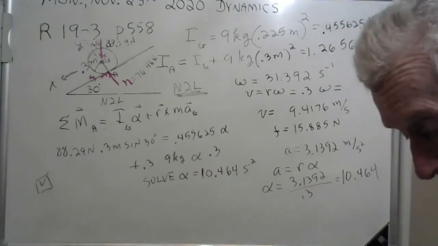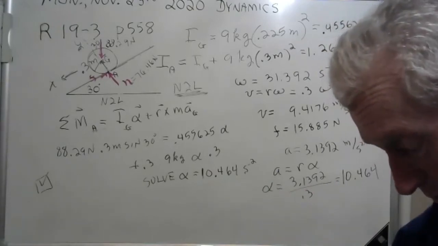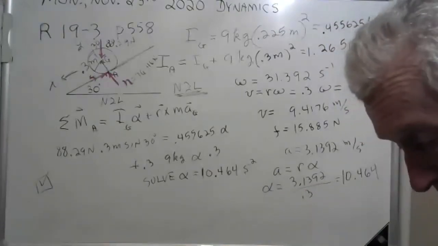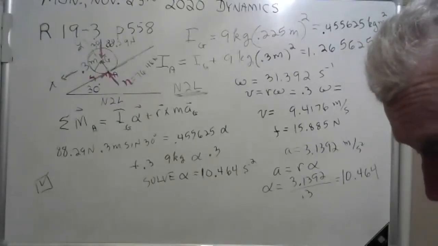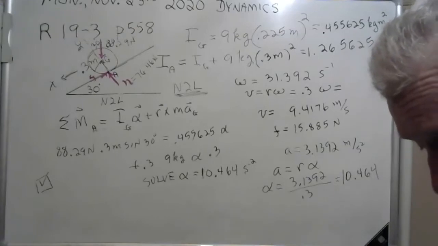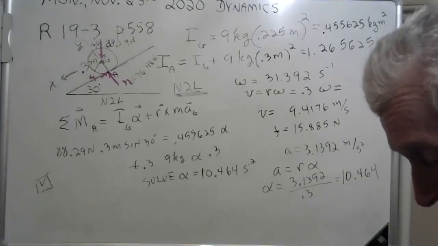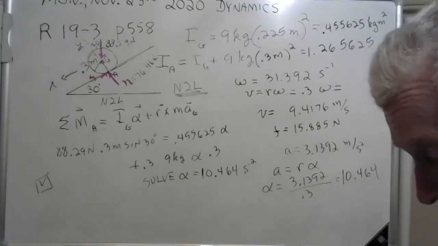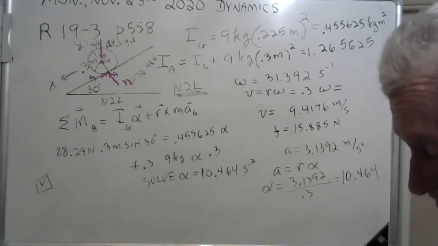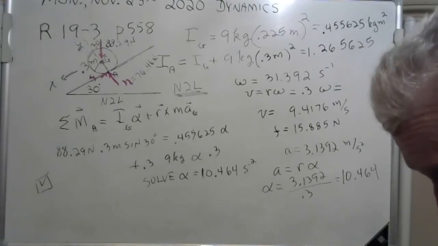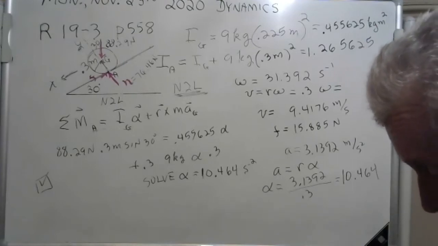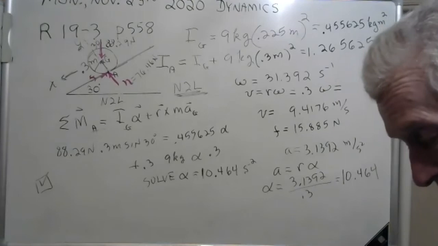Well, let's do another problem. Is there any comments or questions on that? Okay, well, if you're happy, I'm happy. Let's do a different problem. Now this is problem, just a minute here. Totally organized as always here.